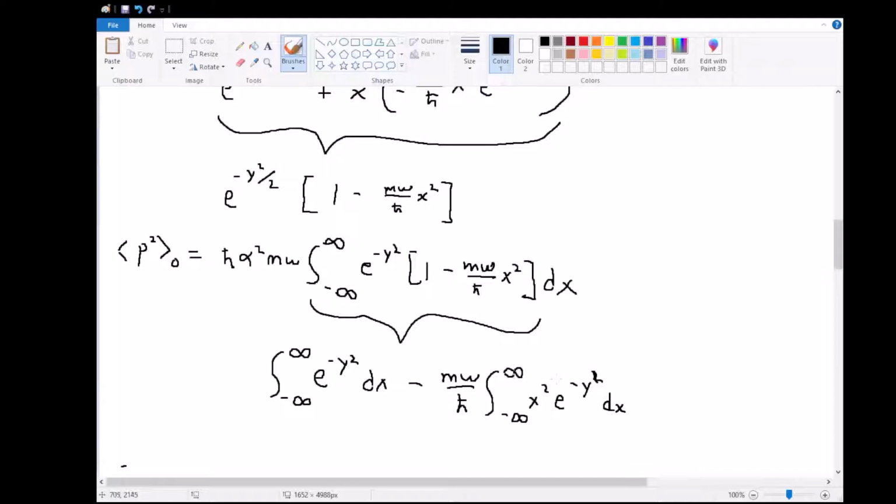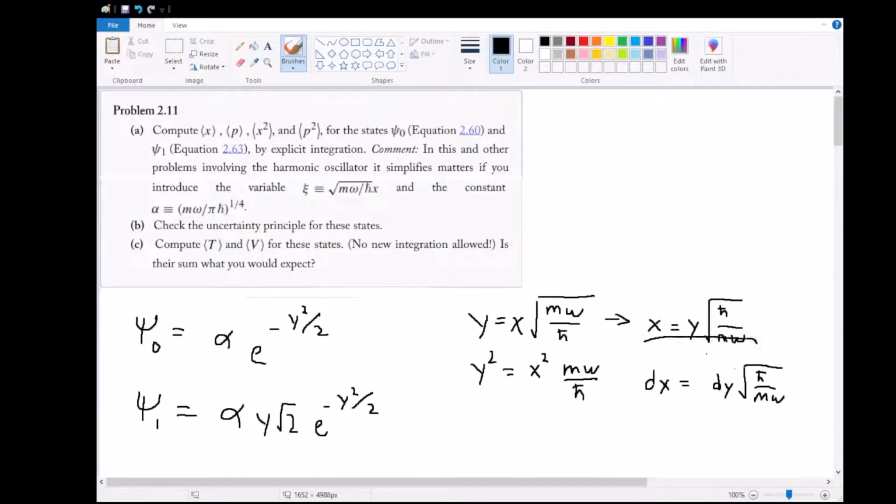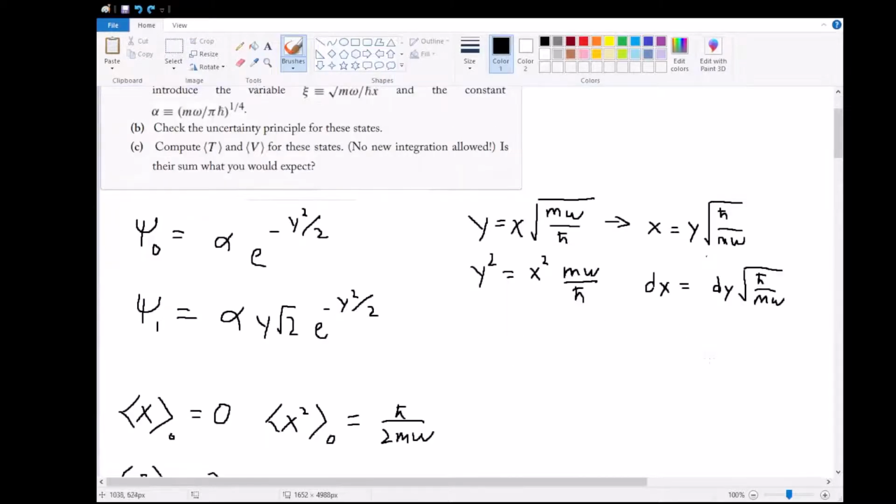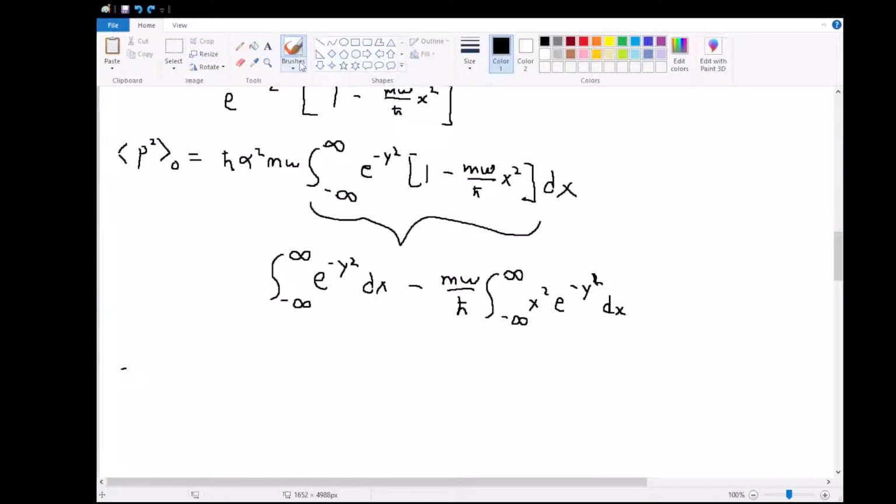And now we convert our x's back to y's. So each x term contributes square root h bar over m omega. Each dx term also contributes square root of h bar over m omega. So this is going to become, let's see, in this case there's only one thing, so square root of h bar over m omega. Is that it?